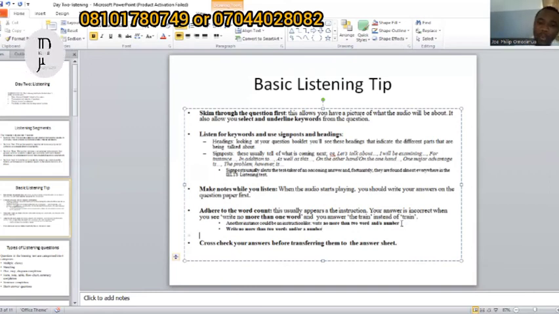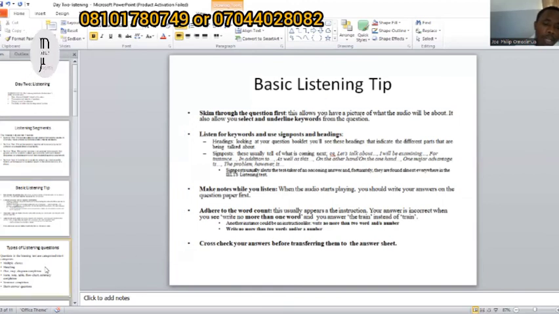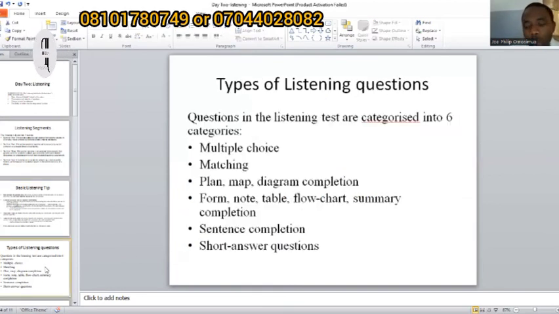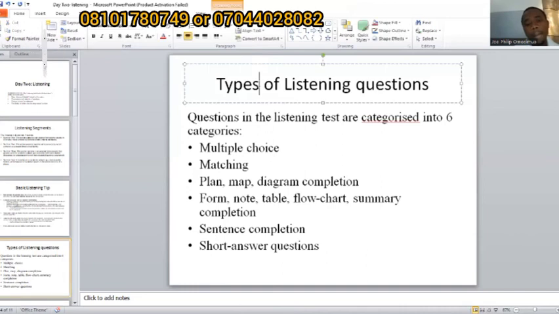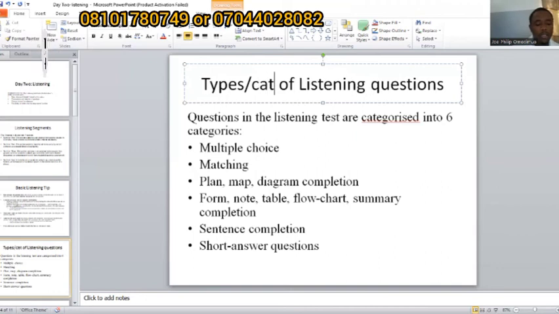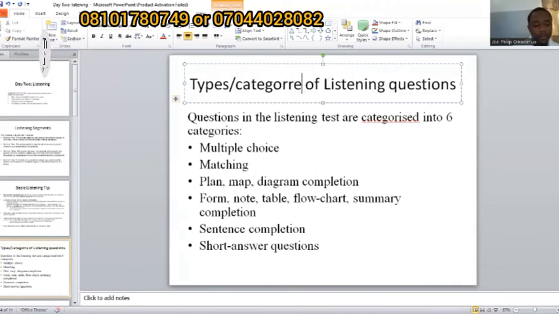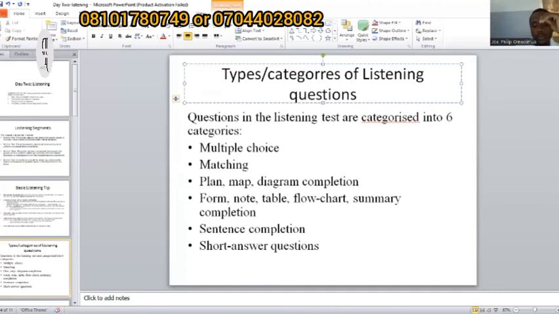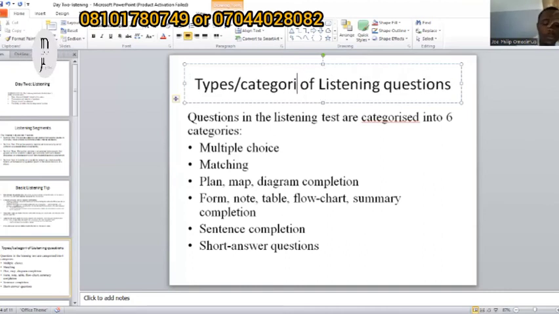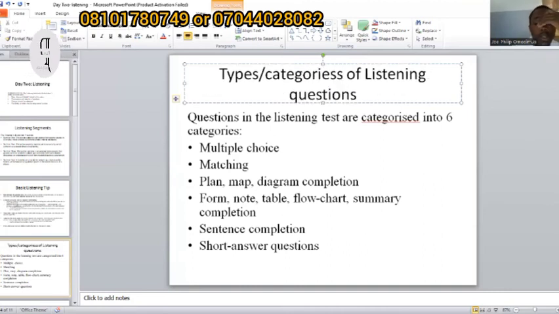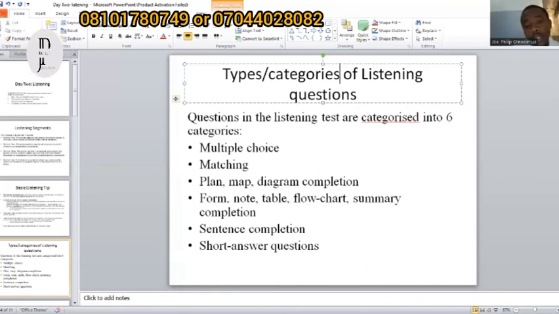Then the last thing we will look at today, the last slide, is types or categories of listening questions.